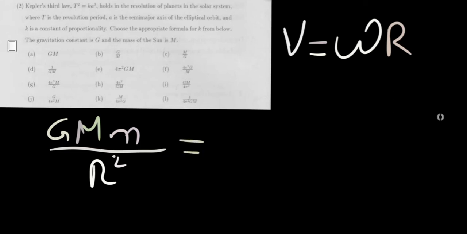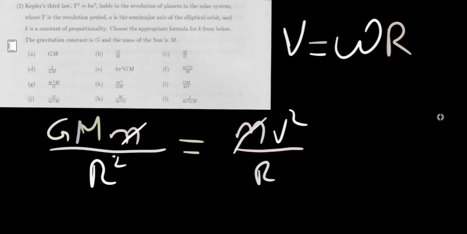So this must be equal to the centripetal force, right? Because they are making loops. So the centripetal force is m v squared divided by r. Okay, so this is the formula for the centripetal force.